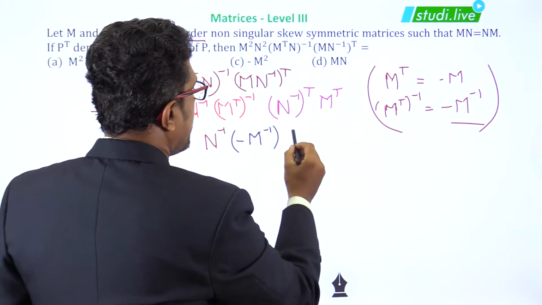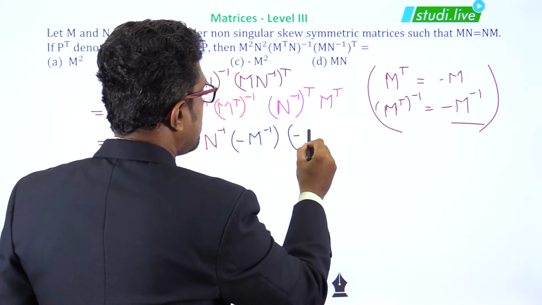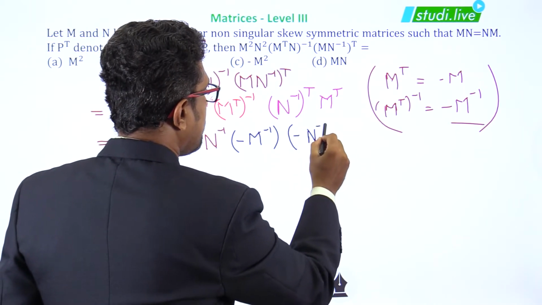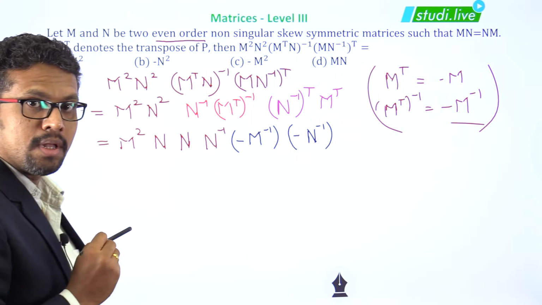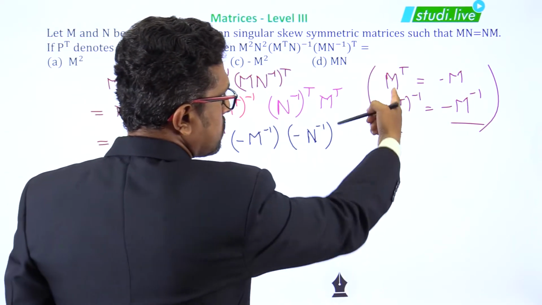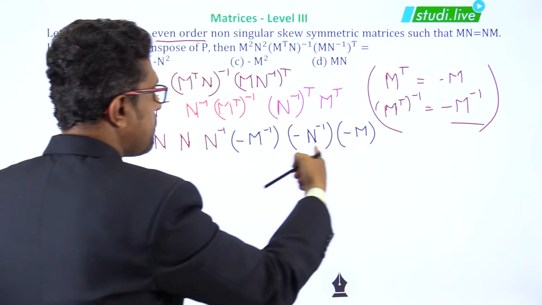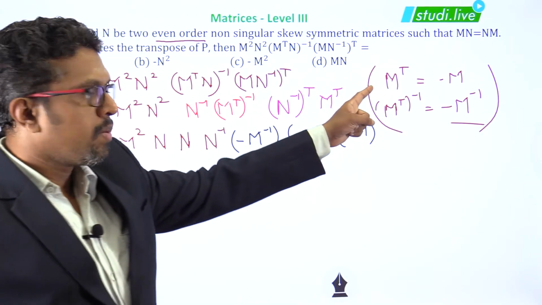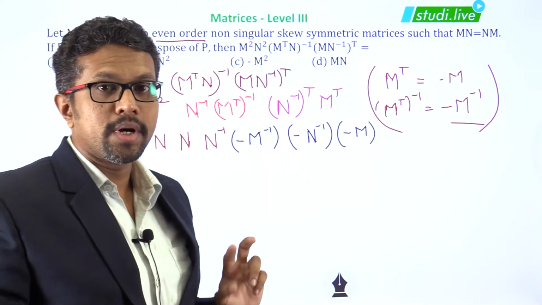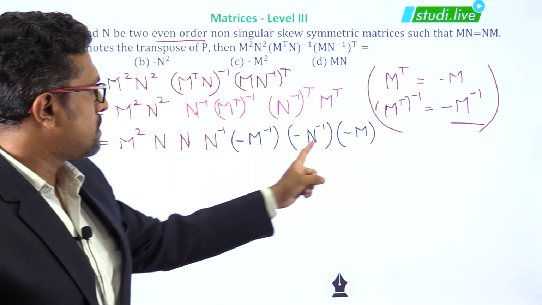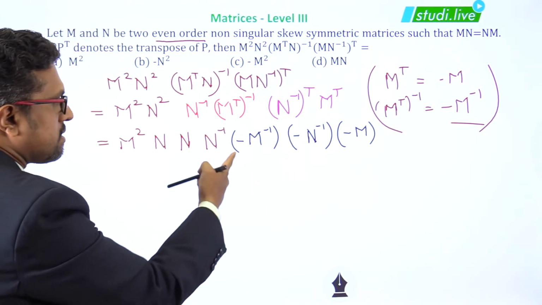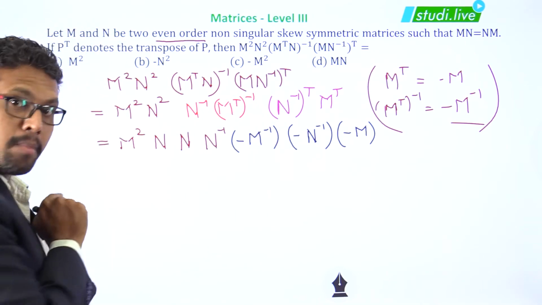If we just interchange the values, you will get minus of N inverse. And M transpose will become minus M. So we have applied this property once and this property 2 times. Minus into minus will become minus.